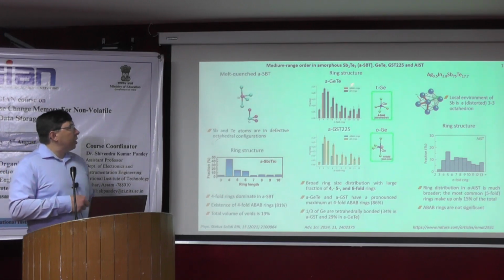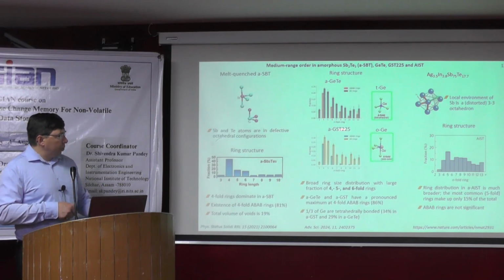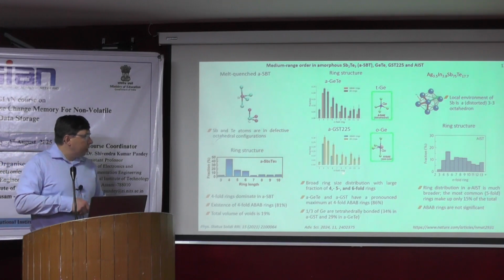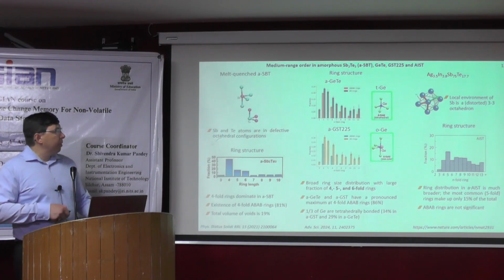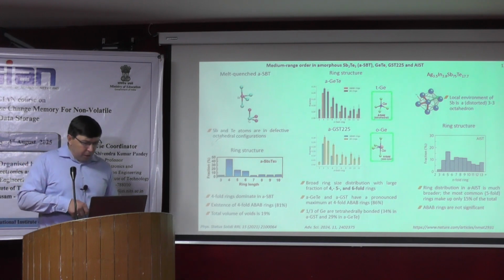Now the ring structure of amorphous germanium telluride and amorphous GST225. You can see they also have fourfold, 5- and 6-fold rings, so a broad distribution of ring sizes, but with a large fraction of 4-, 5-, and 6-fold rings.